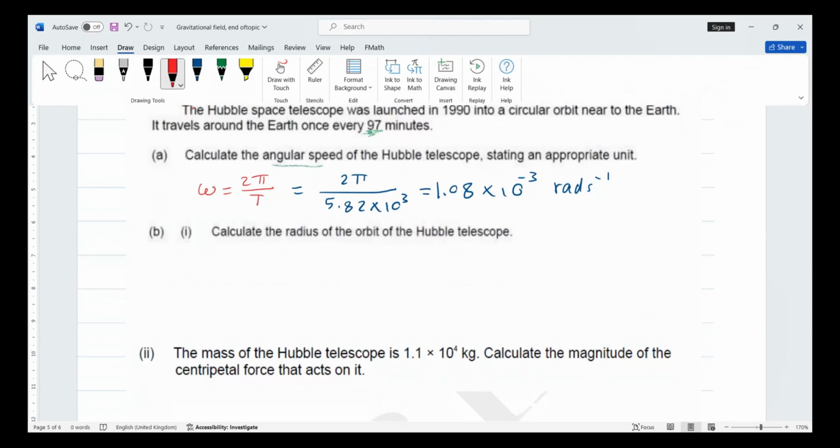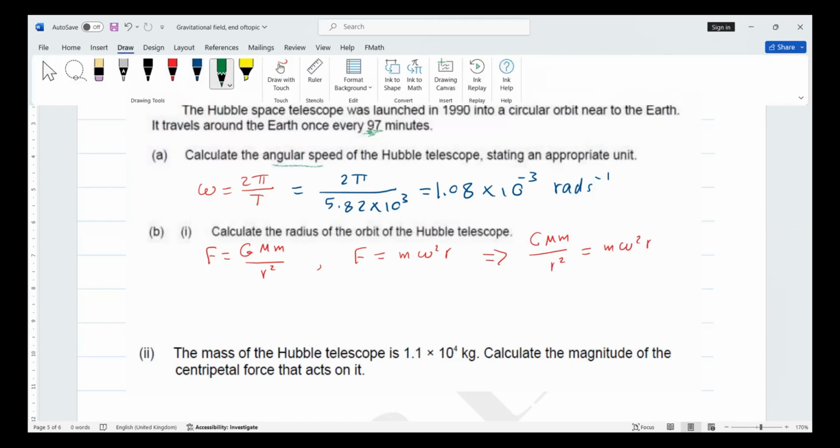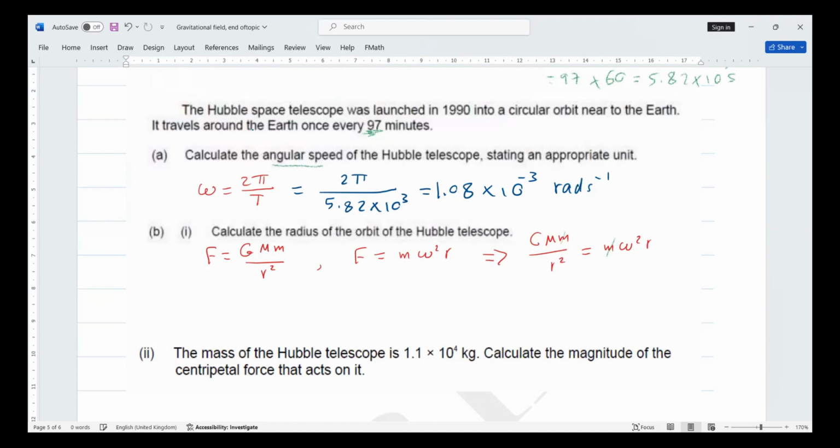We know that from Newton's law of gravity, F equals G capital M small m over R squared, and also F equals m omega squared R. By equating them, G M m over R squared equals m omega squared R. We cancel small m with small m.